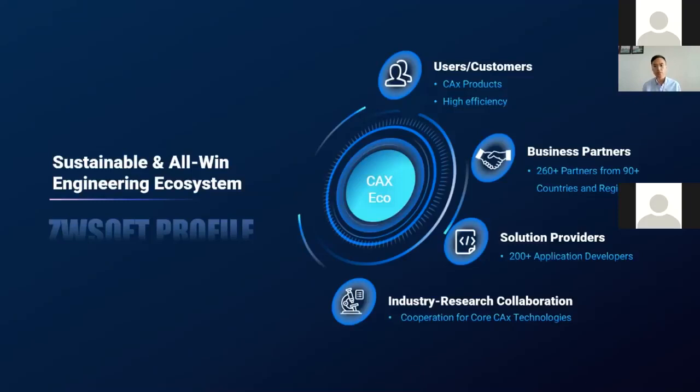Until today, we already have more than 260 partners from more than 90 countries to provide local service. And we will have more and more solution providers join our business to provide better solutions in different countries. We are happy today to invite one of the solution providers from Civil Design.